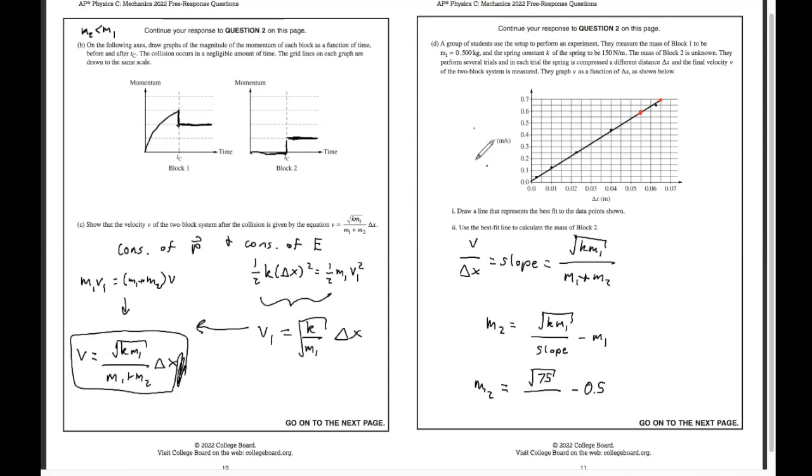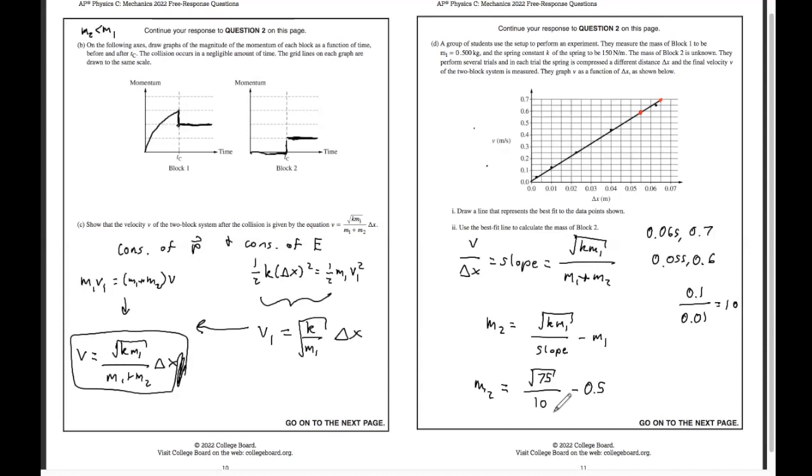They might not be exactly on the line, but they're close enough that I don't really mind. So the first point is (0.065, 0.7), and the second point is (0.055, 0.6). So I end up getting a slope of 0.1 over 0.01, which is going to be a slope of 10 then.